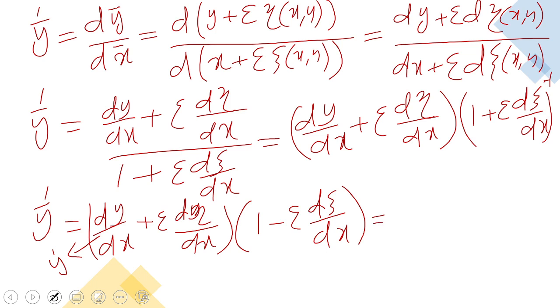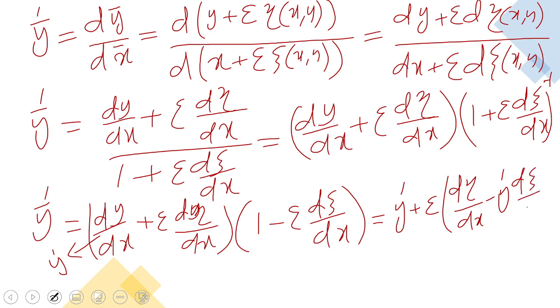So neglecting higher powers of epsilon, I have y dash plus epsilon d eta over dx minus y dash d xi over dx.